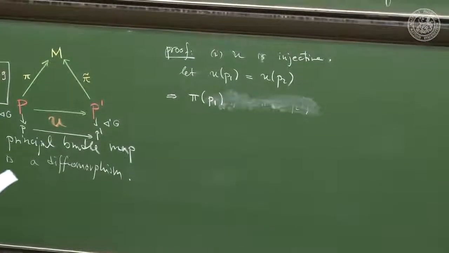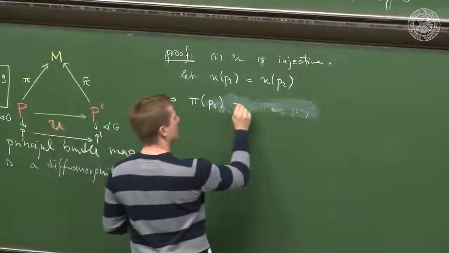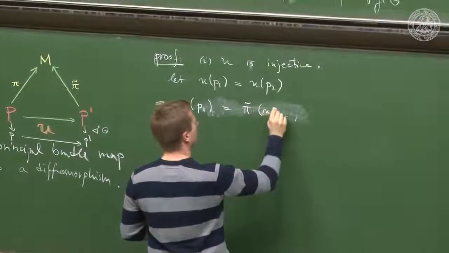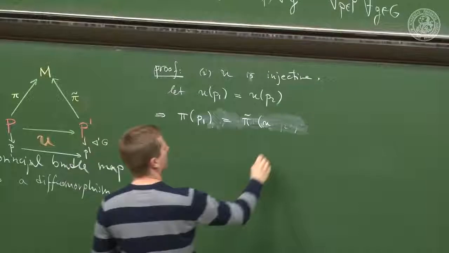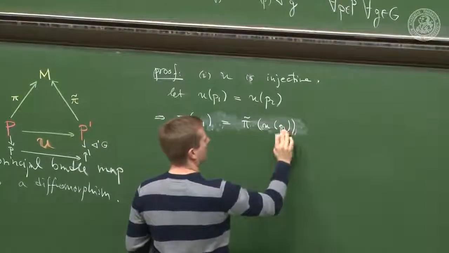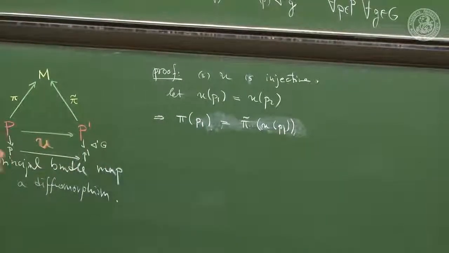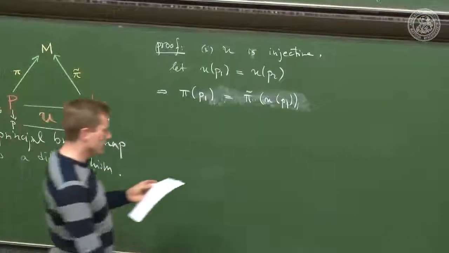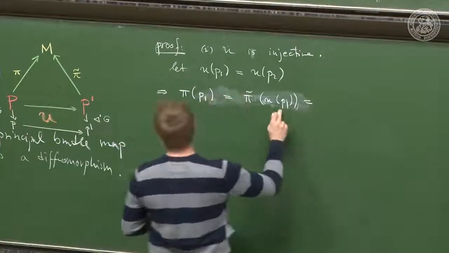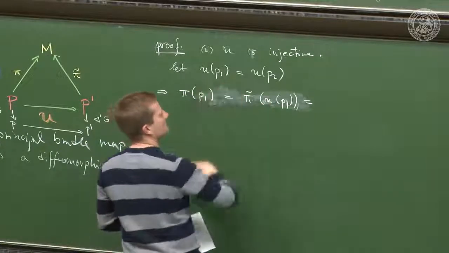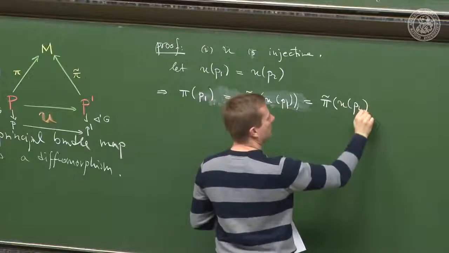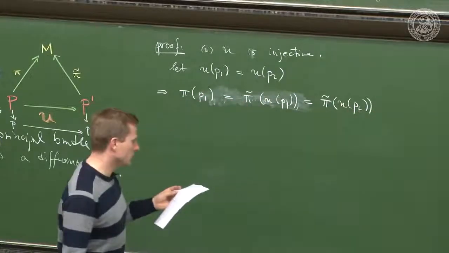We invoke the first relation here, that pi twiddle of U of P1 is the same thing, because pi is pi twiddle after U. But because we have assumed that these two are the same, this is the same as the pi twiddle of the U of the other point, P2.